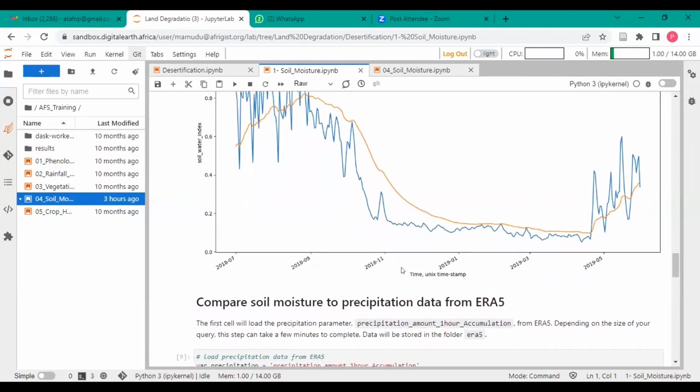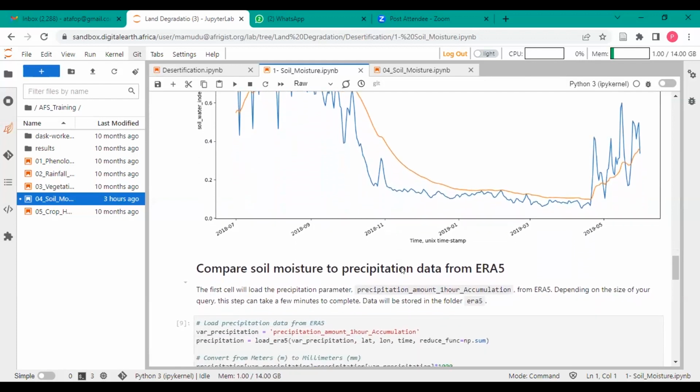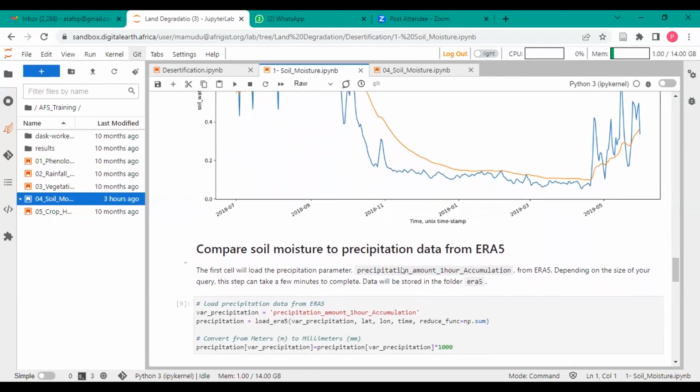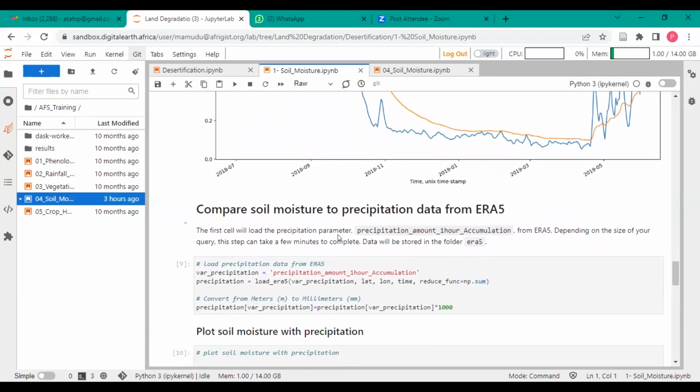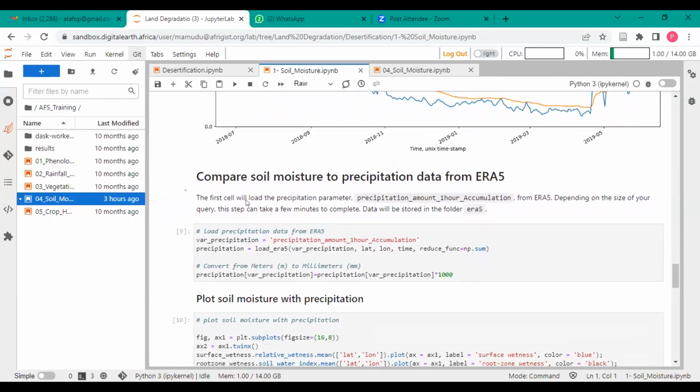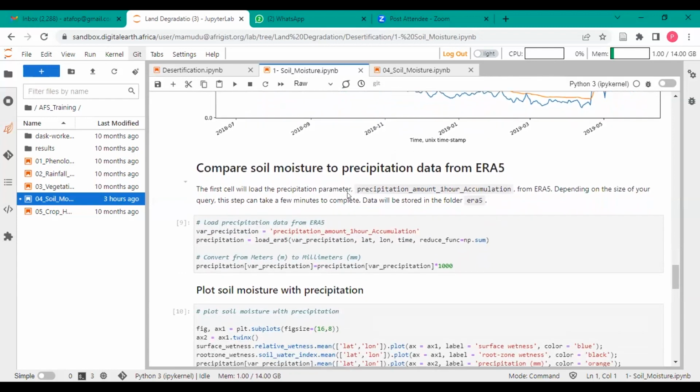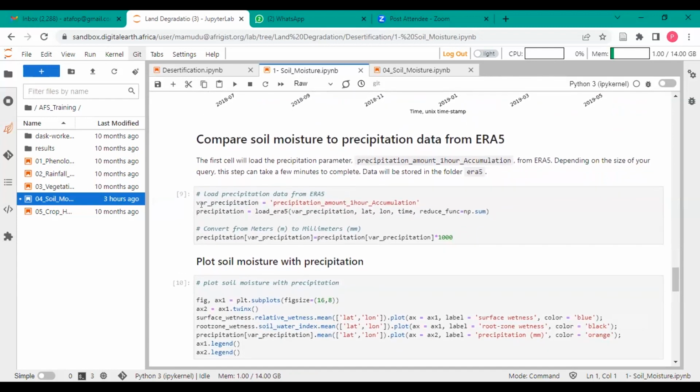Now, this same data set, we now want to compare with precipitation data. There's basically rainfall data from the ERA5 dataset. And so we will first load the precipitation parameter data from ERA using this code here, loading the variation of precipitation based on the 1 hour accumulation.